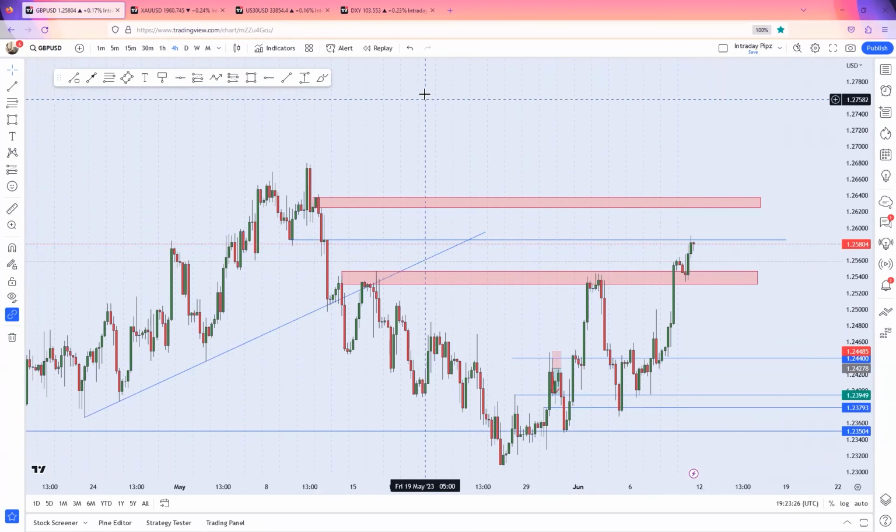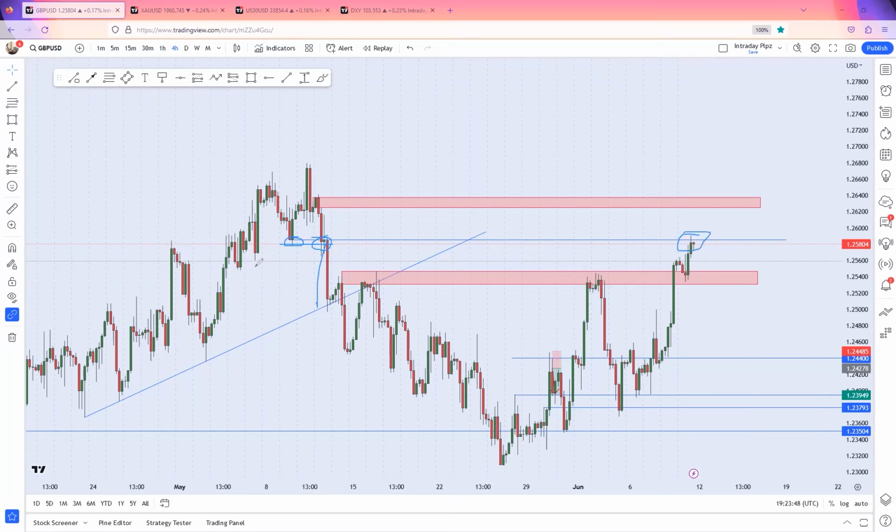Now price has traded into this imbalance, this area, which of course is also a retest of previous broken structure. We saw price break below this structure, which it did not retest until this point on Friday.